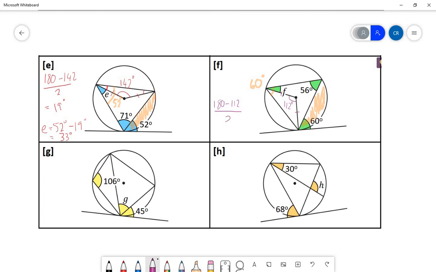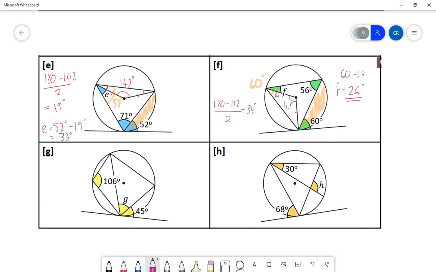Okay, right, let's just think. 68 divided by 2, 34. Okay, so that little bit here is 34. And 34 plus F makes 60. So that means that F has got to be 26 degrees.